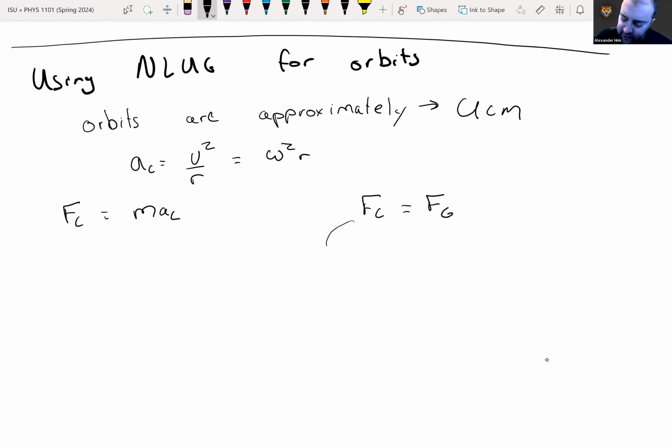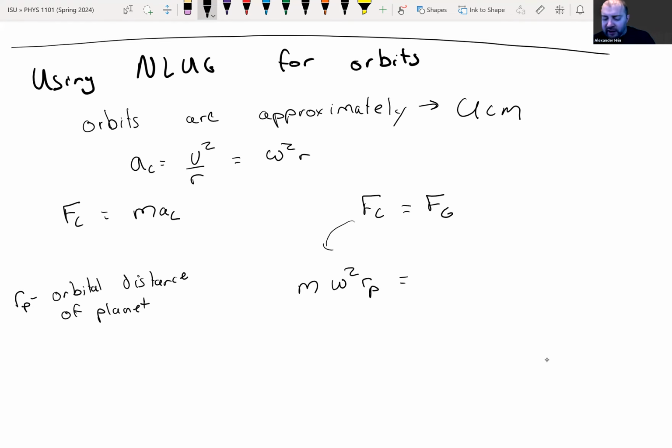So following through on this, we have mass times omega squared r. And I'm going to put a subscript on the r. I'm going to do r_p, where r_p is the orbital distance of the planet. Now, from Newton's law of universal gravitation, I'll put the mass of the planet there.